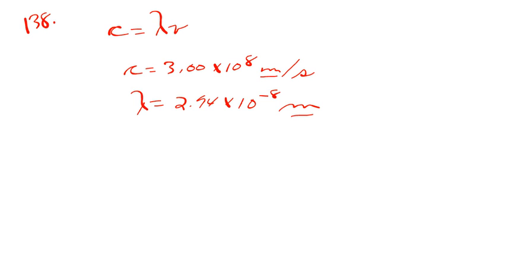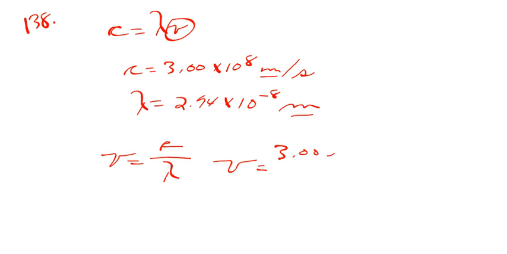You rearrange the formula. Frequency is equal to speed of light over wavelength. Frequency is equal to 3.00 times 10 to the 8th meters per second over the wavelength, which is 2.94 times 10 to the negative 8, and that's in meters.